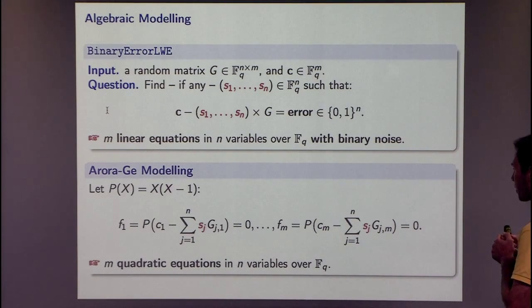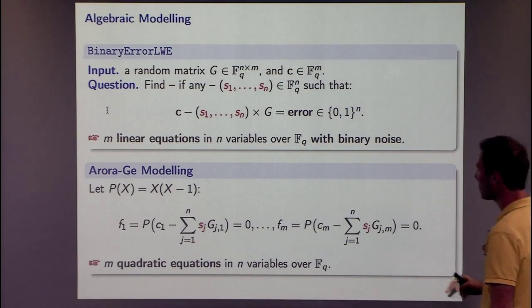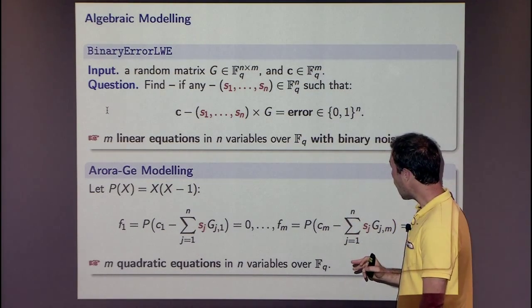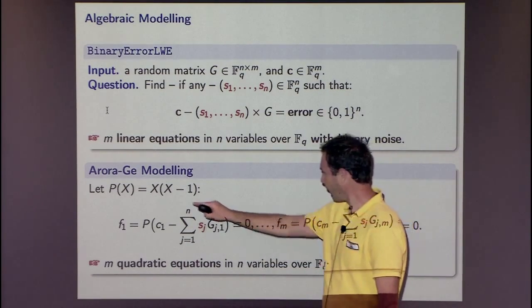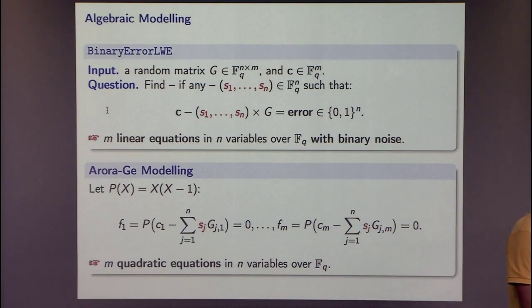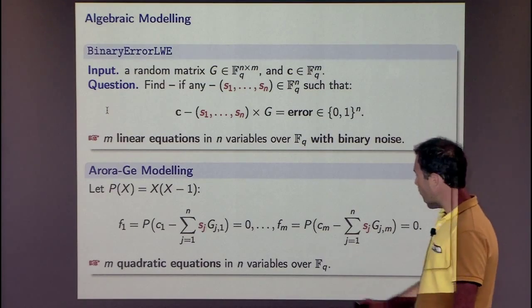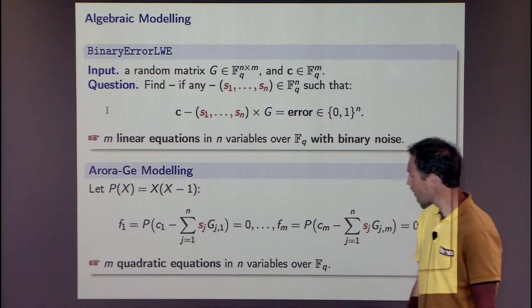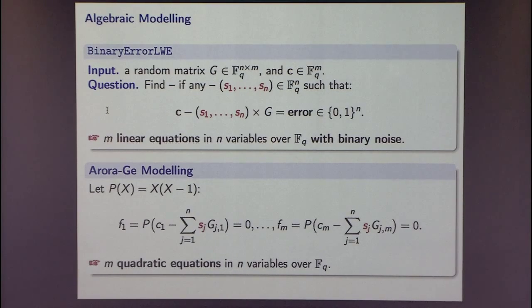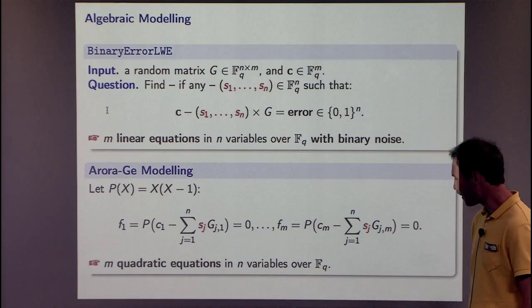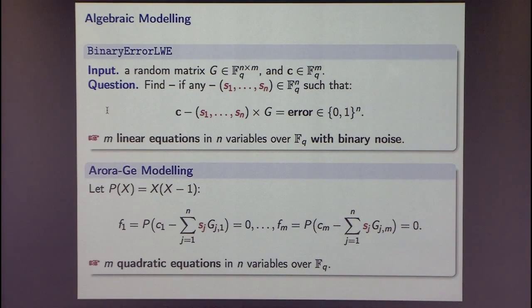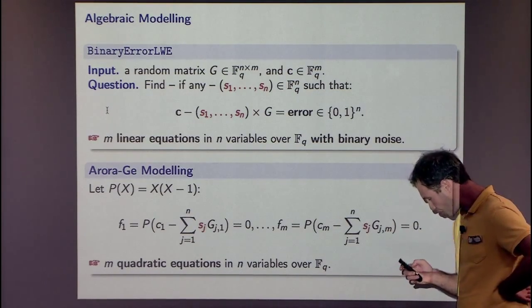So I want to solve it using Arora's equations. So I know that I have this equality, and each error is 0 or 1. I take this polynomial which vanishes on 0, 1, and I write this set of equations. So I just evaluate affine forms whose unknowns are the coefficients of the secret, which gives me a set of m quadratic equations in n variables over Fq.